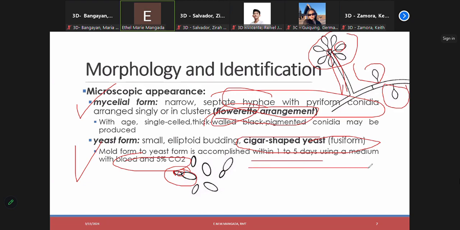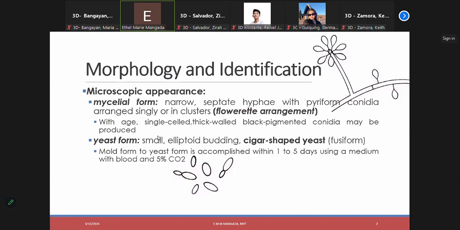So we can transform the mycelial form into the yeast form with the use of a blood and carbon dioxide containing medium. So again, floweret arrangement in your mycelial form. Don't forget that. And for the yeast form, it's cigar shaped.